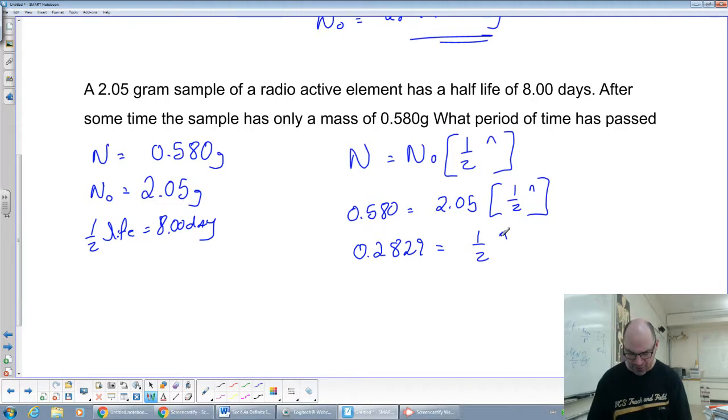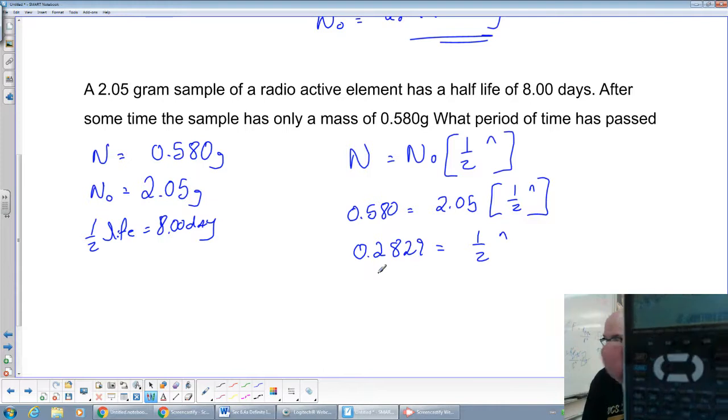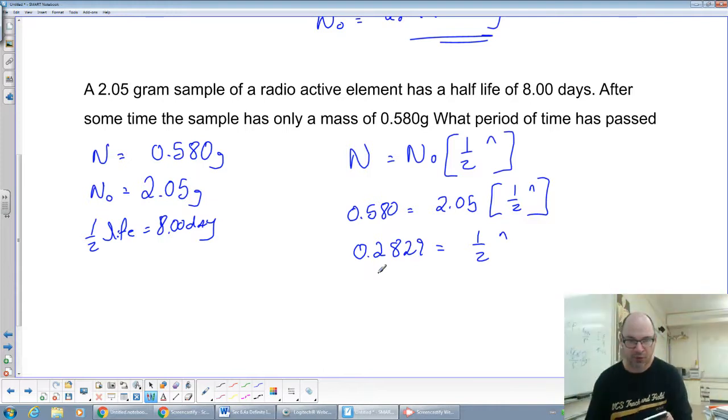Okay, so now at this point, if you don't know logs, you have to just plug in a bunch of numbers like 1, 2, 3, 4, 5, until you get exactly this number. So 0.5 to the power of 6, 0.5 to the power of 7. Let's do 0.5 to the power of 7. You end up getting a number which is way, way too small here.